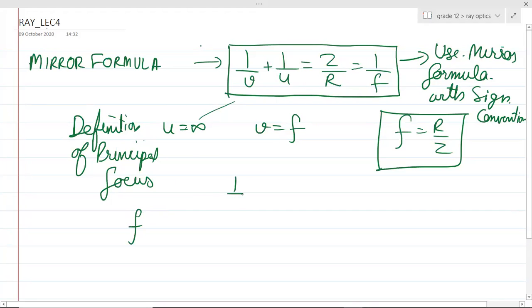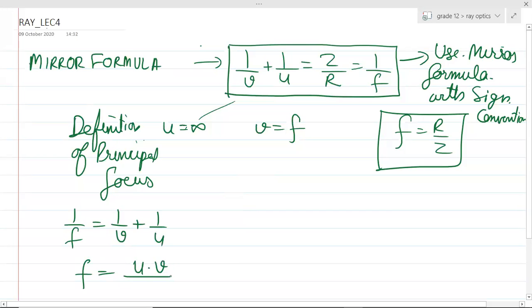Can you see, if 1 by v plus 1 by u is equal to 1 by f, then I can write some alternate forms of the mirror formula. You can write 1 by f is equal to 1 by v plus 1 by u. From here, f is equal to u into v upon v plus u. Okay, you can either write this.